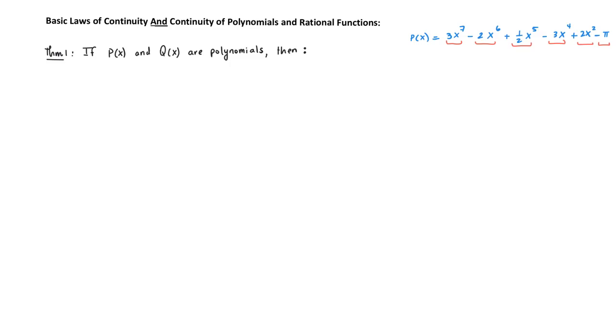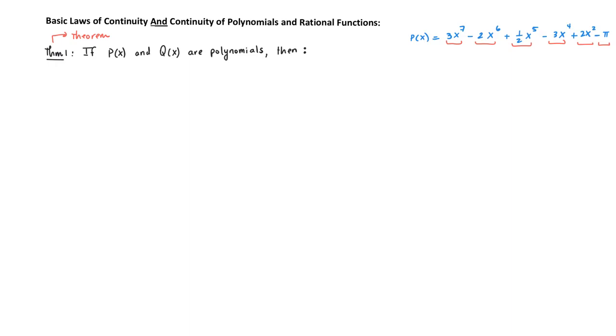Just want to make a mention here that whenever I write THM, this is just a shortcut for theorem. Theorems are fundamental, proven results in mathematics. So the theorem begins with two polynomials, P of x and Q of x, and this can be any two polynomials.